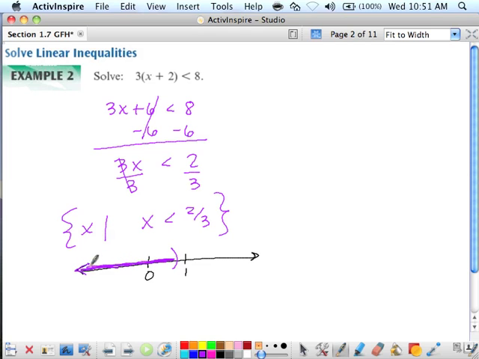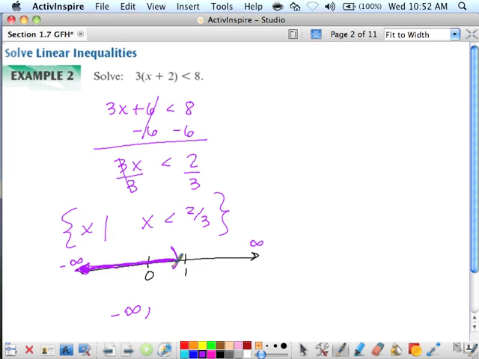And the reason I graph them is so that I can look at it and see the interval without getting confused. Remember that this end of the number line represents negative infinity. This end of the number line represents positive infinity. When we write in interval notation, we just simply write what's shaded from left to right with a comma in between. So on the far left, it starts shading at what is understood to be negative infinity, comma, and it stops shading right here.